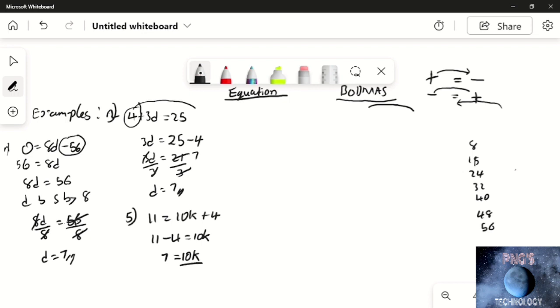So divide both sides by 10. So 10 cancel 10. So we have k equals 7 over 10. And that will be our answer. So we have a fraction answer in that case. With the calculator to divide it further, we'll have 0.7, k equals 0.7.